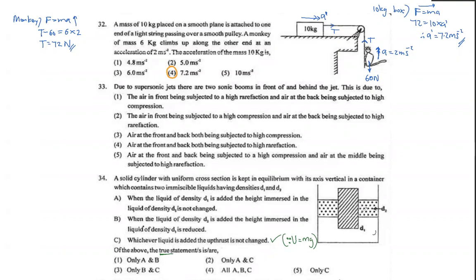This liquid will give an upthrust. This liquid will give an upthrust. So I think they are talking about the total one, right? So it's equal to mg. Mg doesn't change. Due to mg, it will try to go down, but upthrust is acting upward, so the object doesn't sink. So let's see what will happen if you pour liquid of density d1. What will happen?